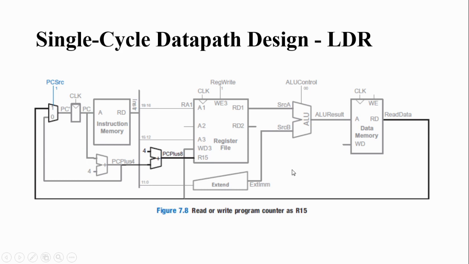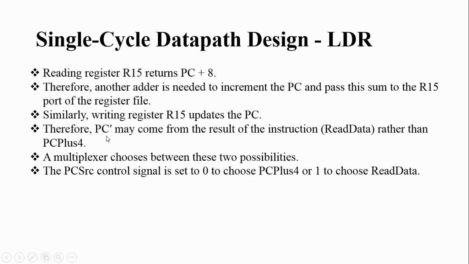So by using the load instruction, you can read the data, and that data can also be fed into the program counter. So this ALU can be used for generating the data as well as the address to the next instruction. You can use the LDR instruction for reading the data as well as generating an address for the next instruction.